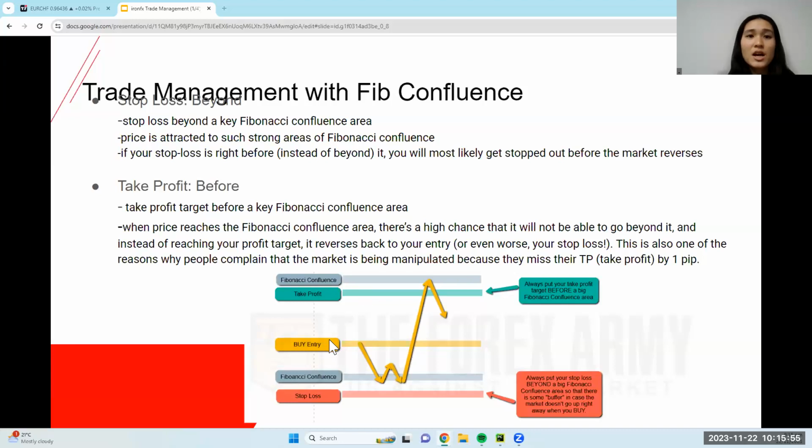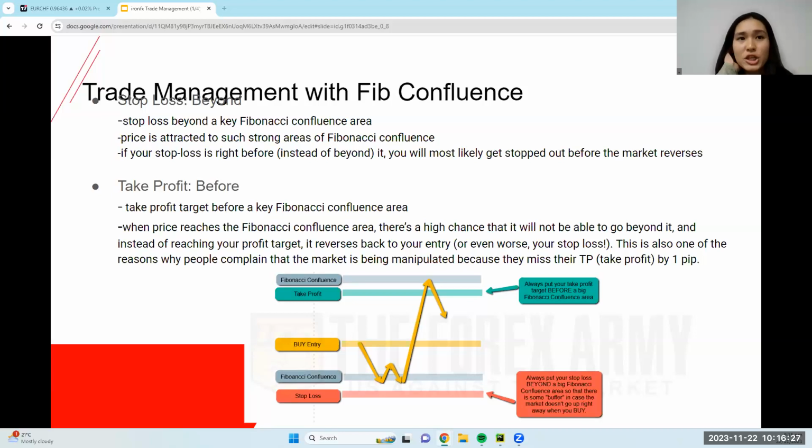So over here, you see our buy entry take profit is before the Fibonacci confluence area here, and our stop loss is beyond it, so it's below it in this case. Okay, the reason for this, once again, is that when price reaches the Fibonacci confluence area, there's a high chance that it won't be able to go beyond it because of the resistance at that level.